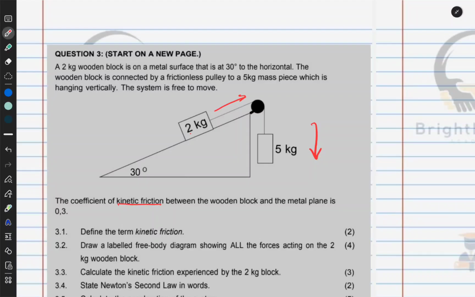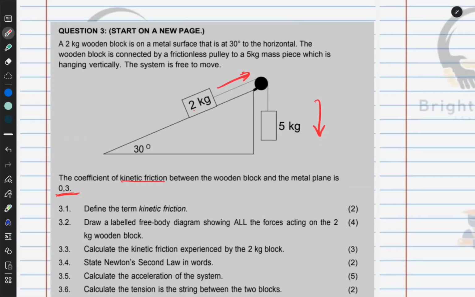We usually say reference frame. So from the 2 kilogram block's reference frame, it's moving upwards along this metal surface, and from the reference frame of the 5 kilogram block, it's moving downwards. We're given the coefficient of kinetic friction between the wooden block and the metal plane as 0.3. It has no units, obviously, because it's a coefficient.